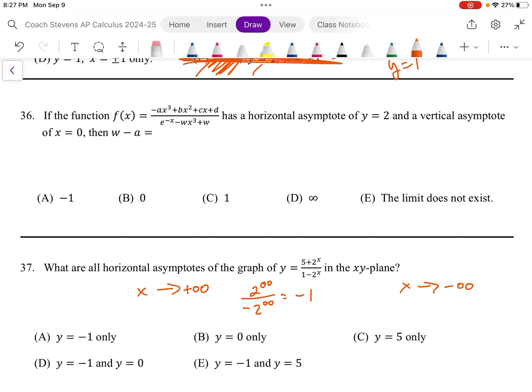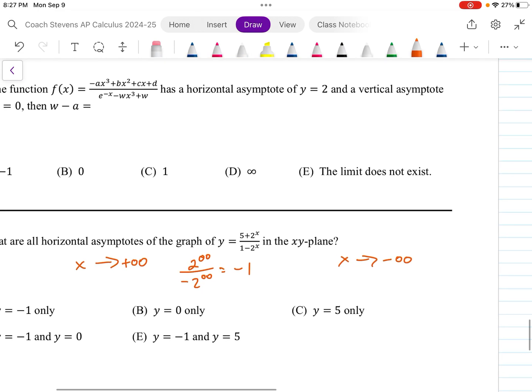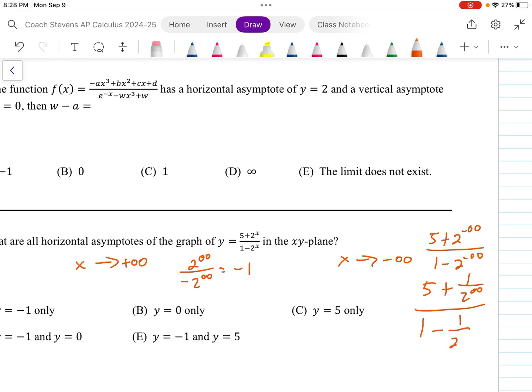As I approach negative infinity, I have 5 plus 2 to the negative infinity over 1 minus 2 to the negative infinity. So that's really 5 plus 1 over 2 to the infinity over 1 minus 1 over 2 to the infinity. Well, those things just go to 0, so I'm really just left with 5. So what are my horizontal asymptotes? Well, that would be negative 1 and 5.